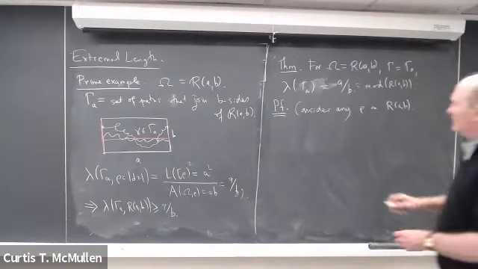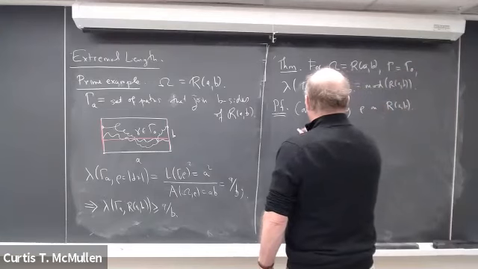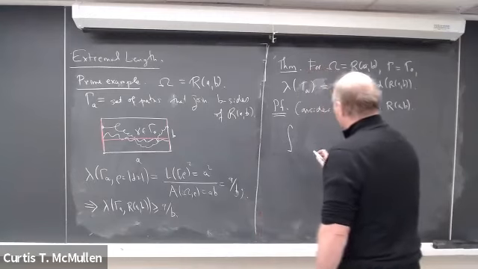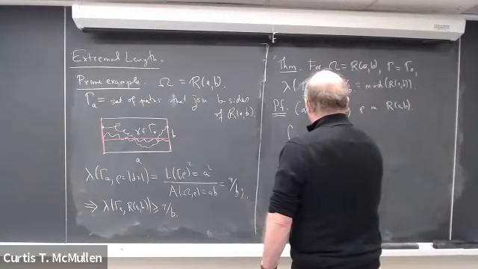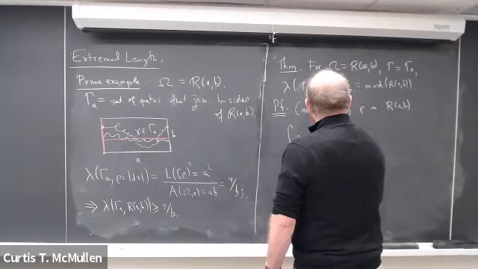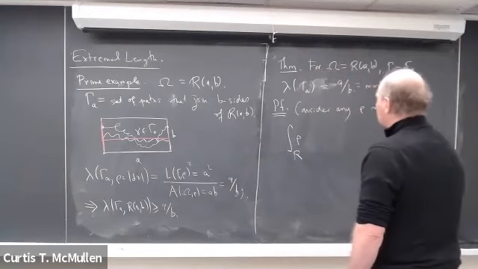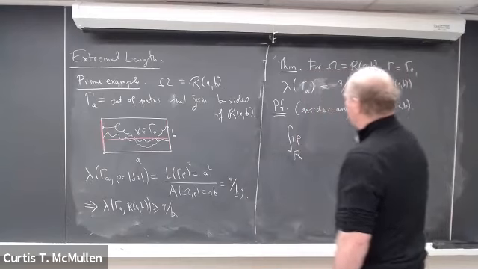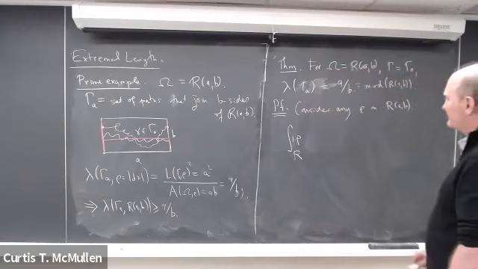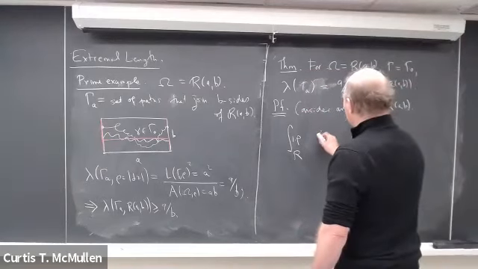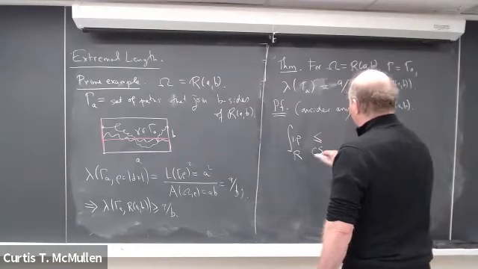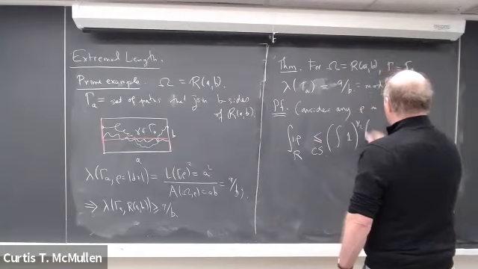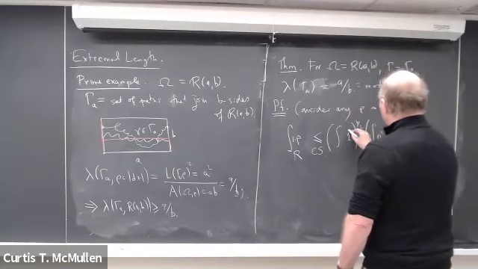And now I'm going to use first a basic trick, which is that the integral of rho over my rectangle R is equal to the integral of 1 times rho over the rectangle. So we've seen this trick before. This is less than or equal to, by the Cauchy-Schwarz inequality, the integral of 1 to the 1/2 times the integral of rho squared to the 1/2.